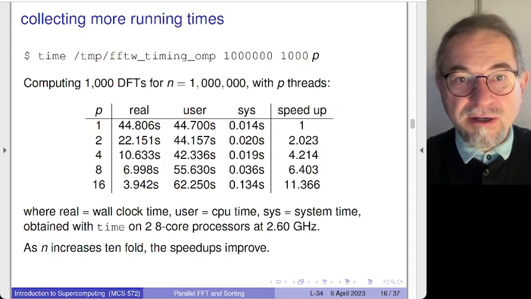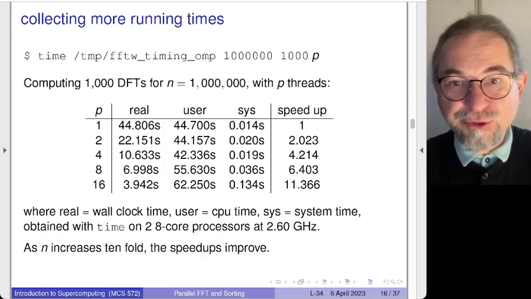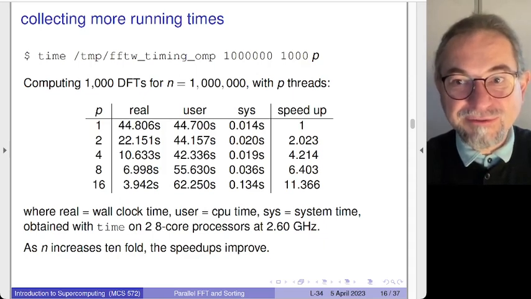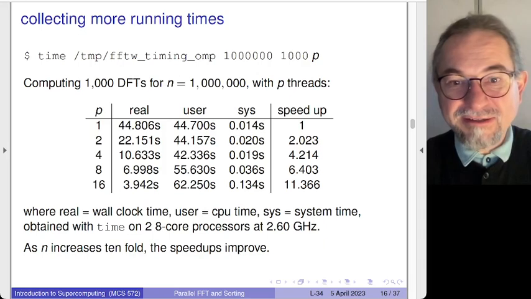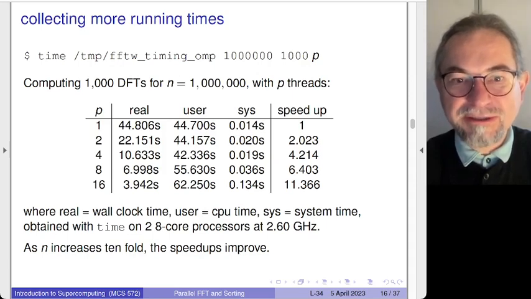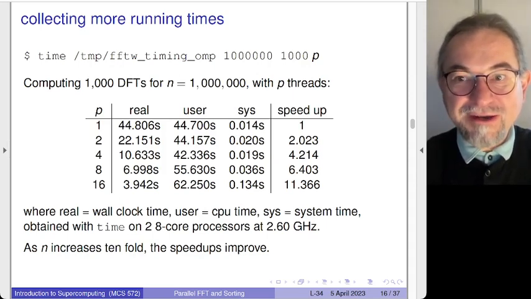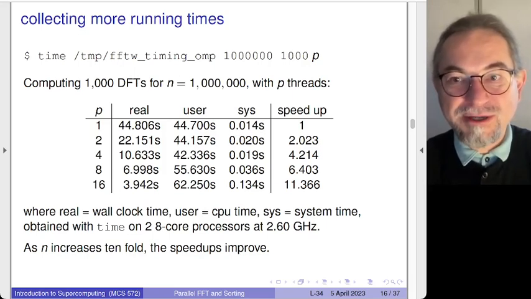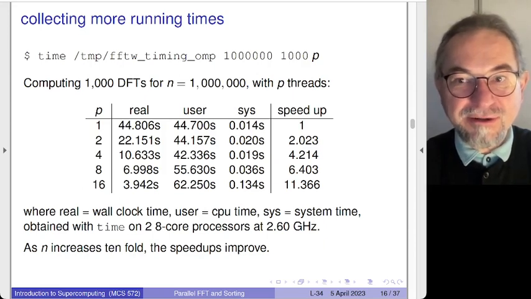If we want a better speedup, then we should run this for larger dimensions. So here for 1 million. And now you see that we can have superlinear speedup. When we have a multi-processor machine, we also have more memory and more caches available.